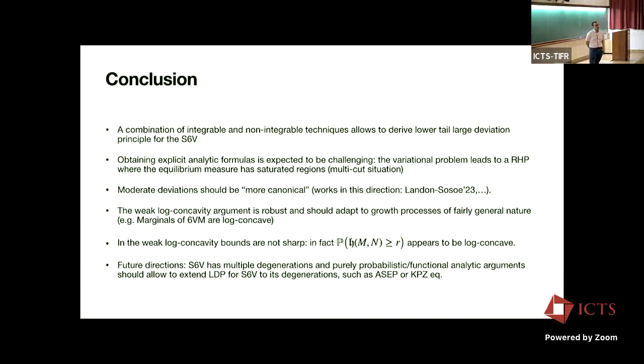In that case, the lower tail rate function is in a certain sense less interesting because the upper and the lower tail have similar decay. They both decay like e to the minus n. The reason is that, the initial condition being random, to create a lower tail event you create a large gap in the initial conditions, and that's how it happens. But this is the stationary case, right?